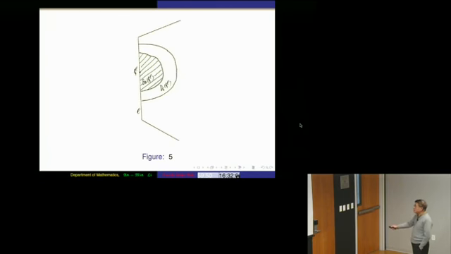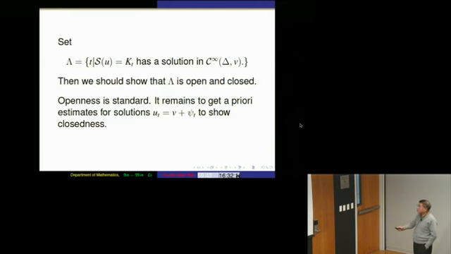The picture is like this. We can show that if we modify the metric G, then in the whole path, Kt satisfies greater than delta in the disk. So in the following, we denote by big Lambda the set of T such that this PDE has a solution in this space.